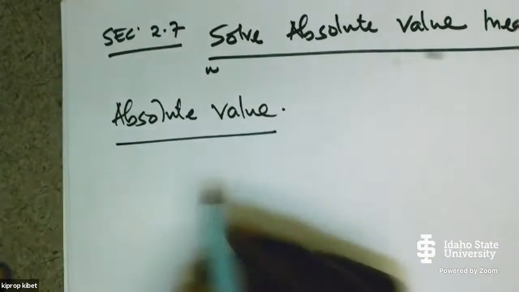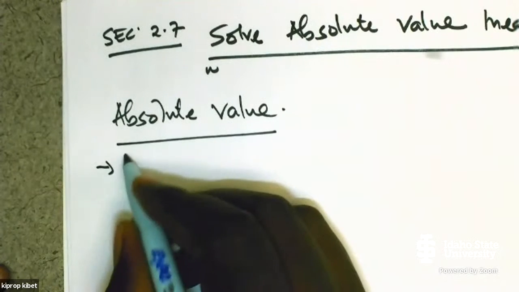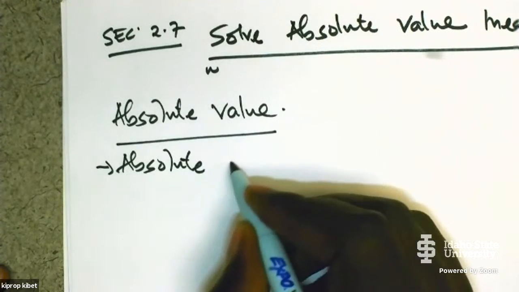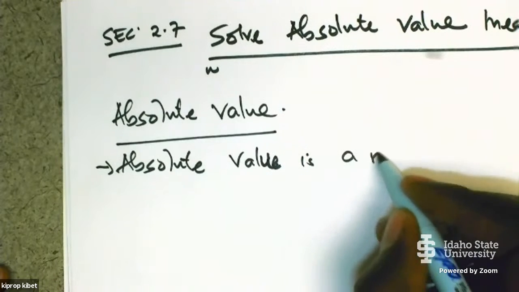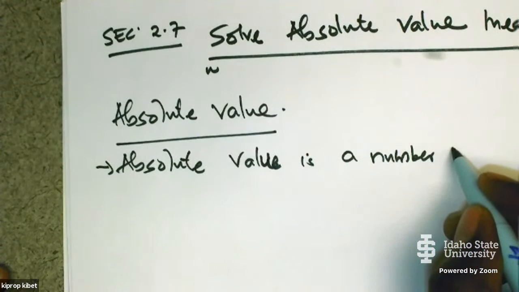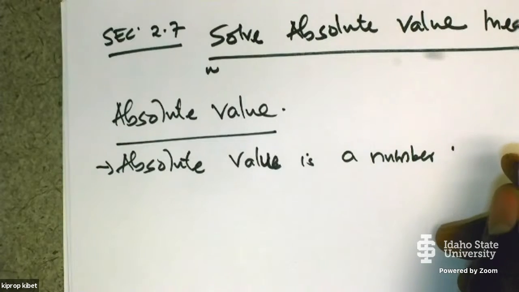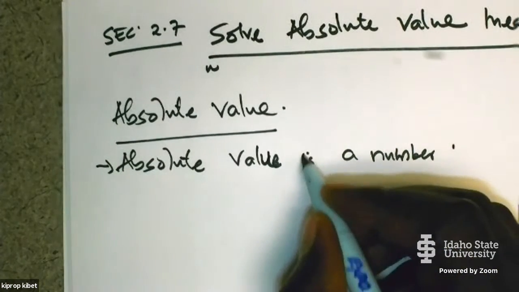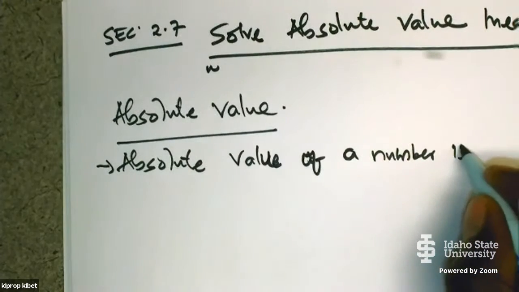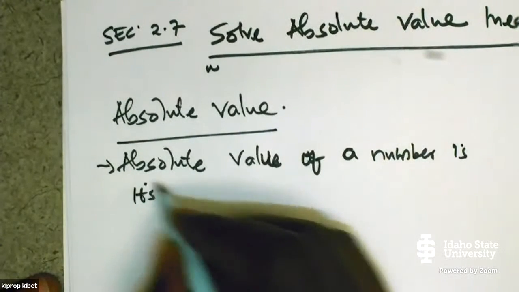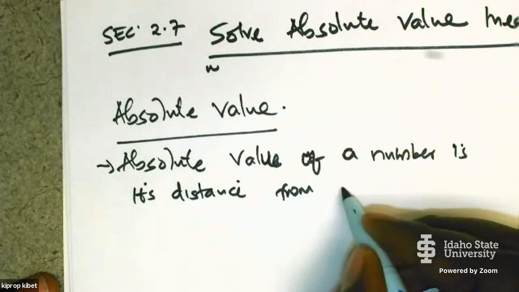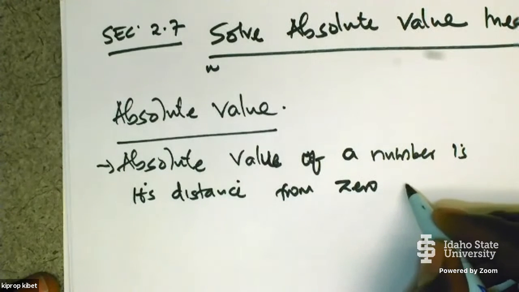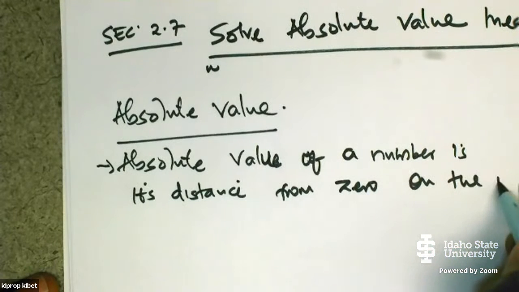So we can say the absolute value of a number is its distance from 0 on the number line.